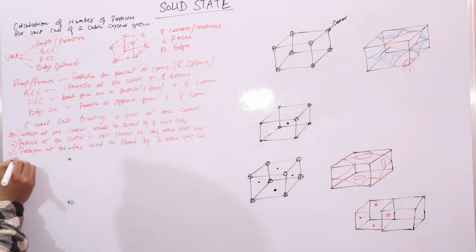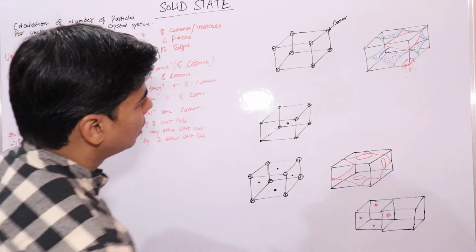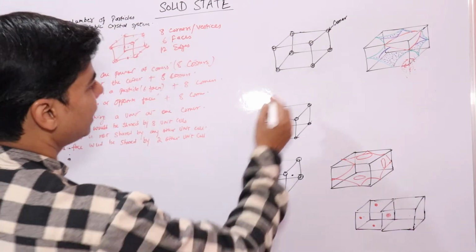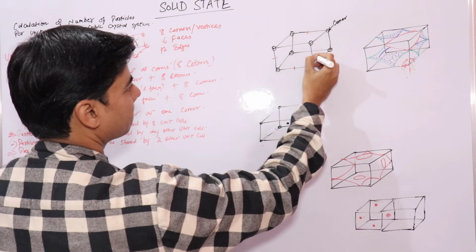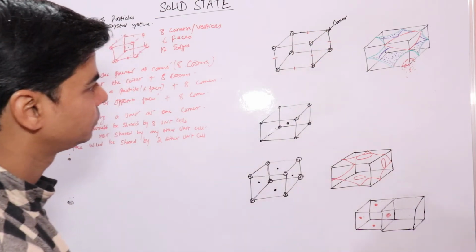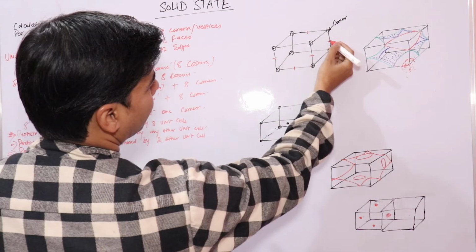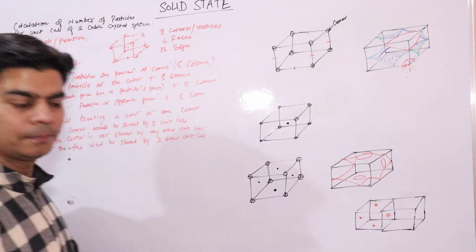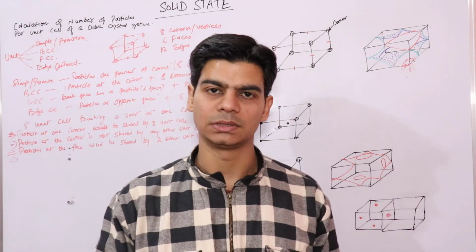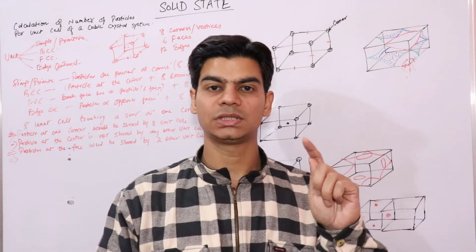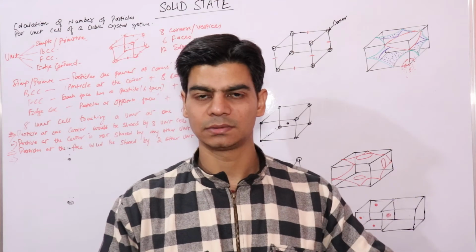Now let's look at the last one, the edge centered. This is the edge of the unit cell. These are the edges. Suppose this is the edge. Each edge of the unit cell would be touching 4 other unit cells in 3 dimensions. So the particle which is present at the edge would be shared by 4 other unit cells.